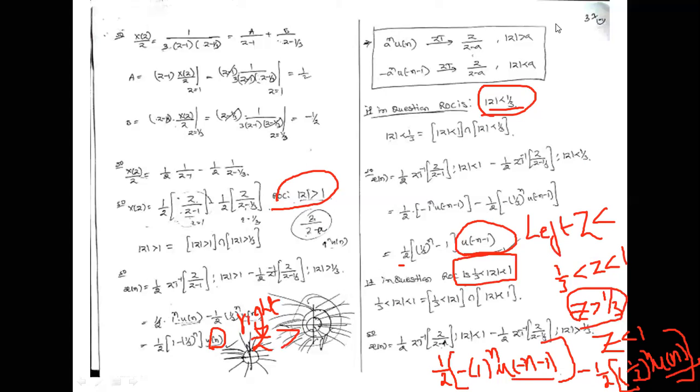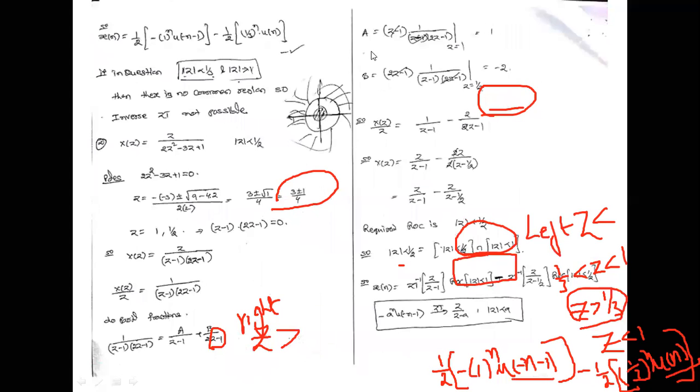Got it? See this. The last one: 1 by 2 into minus 1 whole power n mu of minus n minus 1, minus 1 by 2 whole power n mu of n. Among all the three terms, one time it is greater than, another time it is less than, another time it is a range.